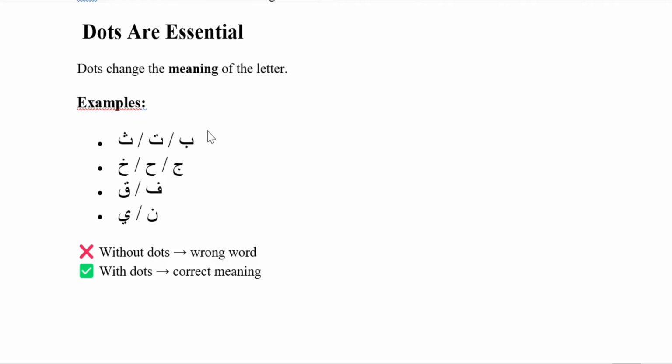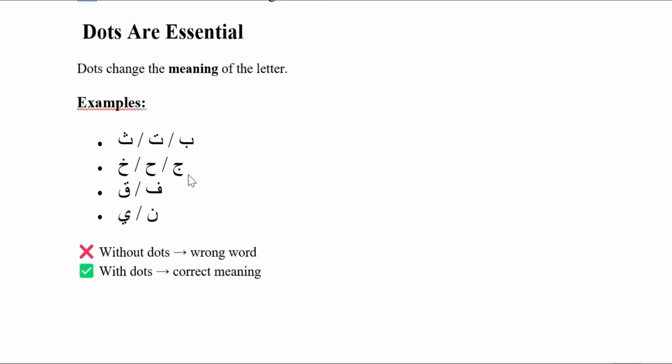There are a few letters that have dots, like ba and ta and tha. The difference is in the number and the place. So here ba has one dot below, ta has two dots above, and tha, like 'to think', has three dots above.